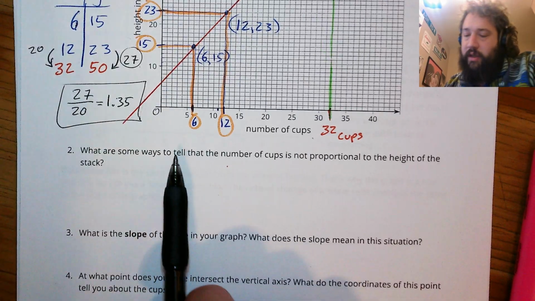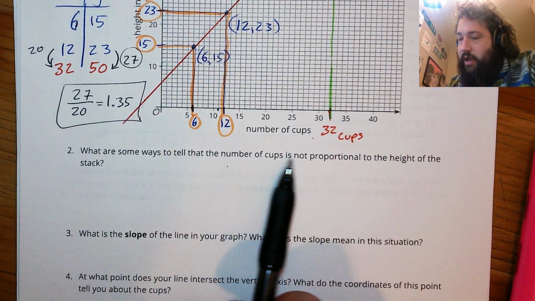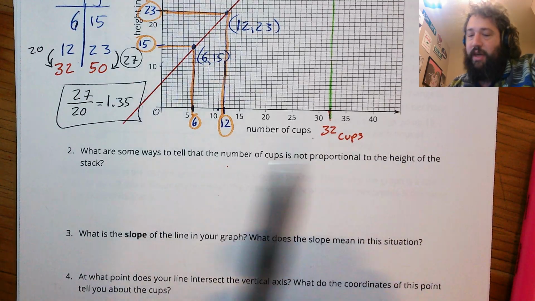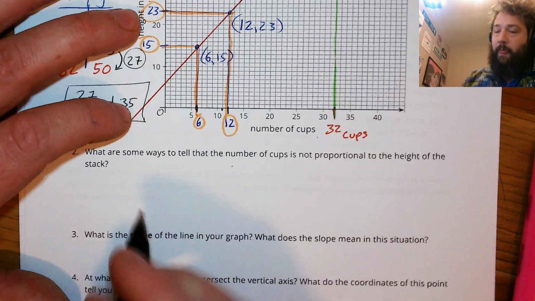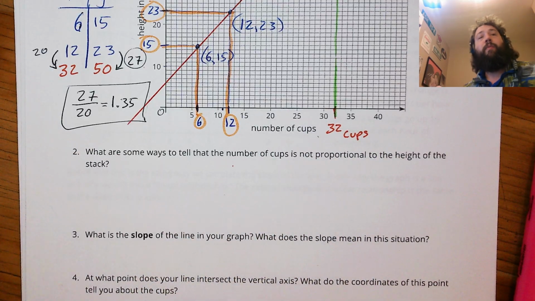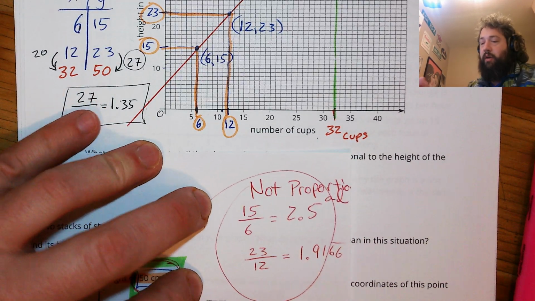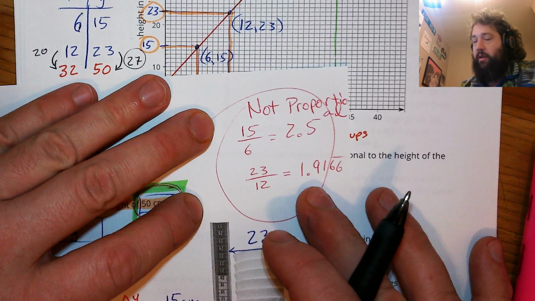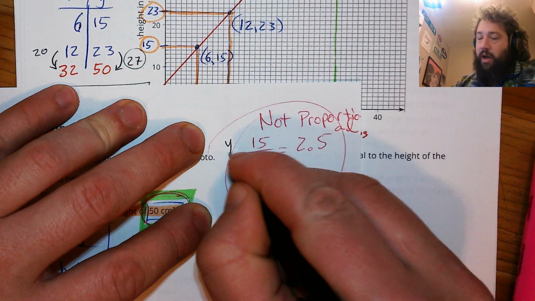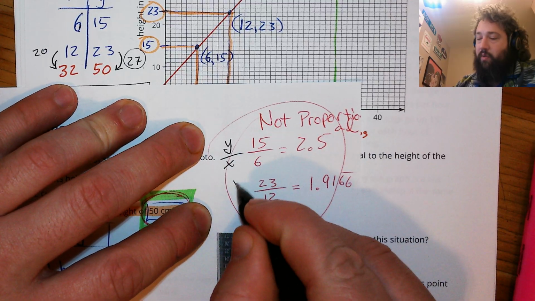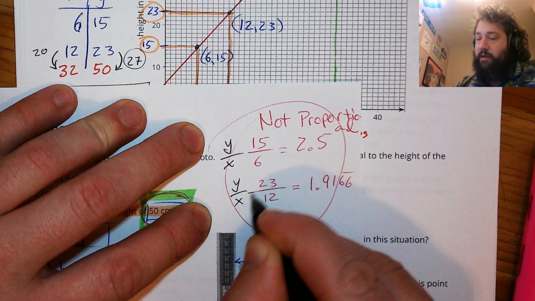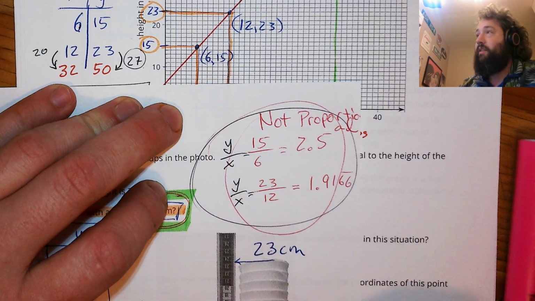Okay, let's examine our questions here. What are some of the ways to tell that the number of cups is not proportional to the height of the stack? Well, number one, we already tested that out right here. When I divide my y by my x and my y by my x, these are not the same.